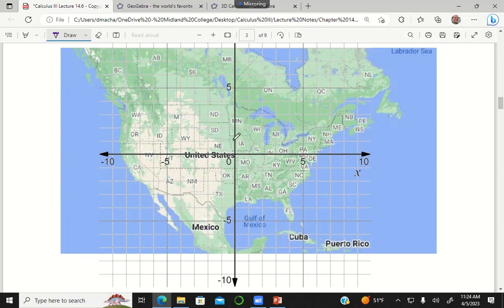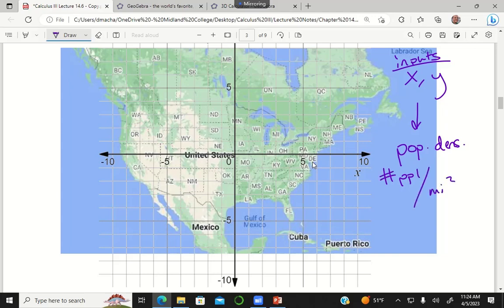If I took a map of the United States and I overlaid an XY plane, then I could give you 2 input variables, an X coordinate and a Y coordinate. And then the scalar field population density would give me 1 output variable, the population density in terms of number of people per square mile, right?